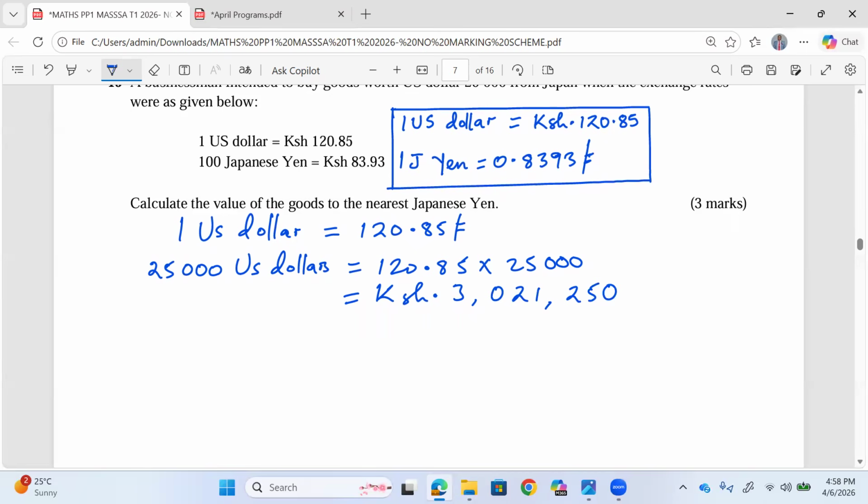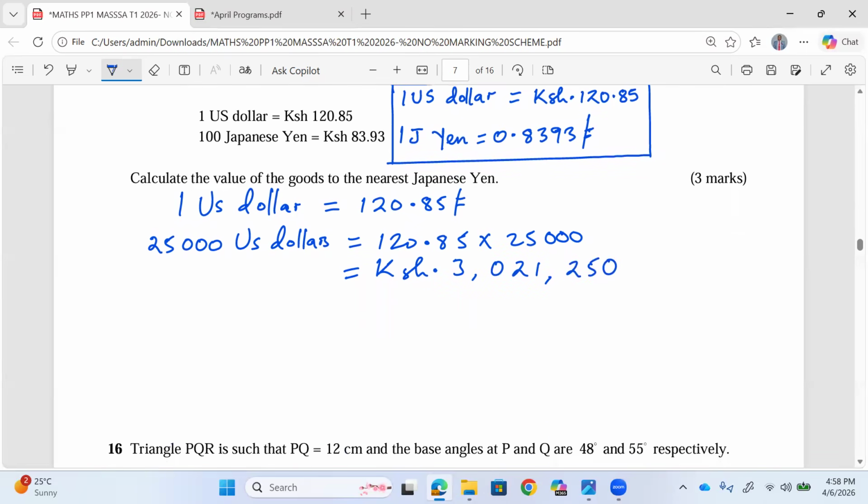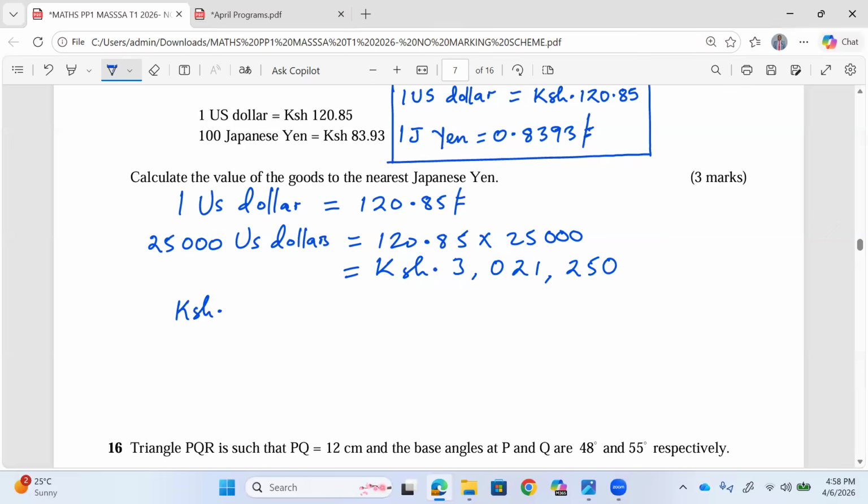Now this amount in Kenya shillings should be converted to Japanese yen. We are saying that Kenya shillings 0.8393 is equal to 1 Japanese yen.